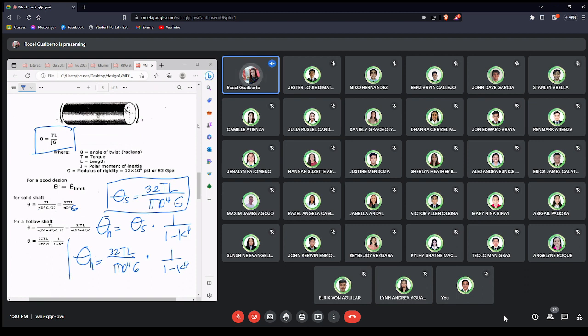But then both, yung basic po niya, same equation. Okay? So, here, we have po our dimension base sa strength failure at base sa deformation failure. Okay? Again, you will be choosing whichever is higher in value.